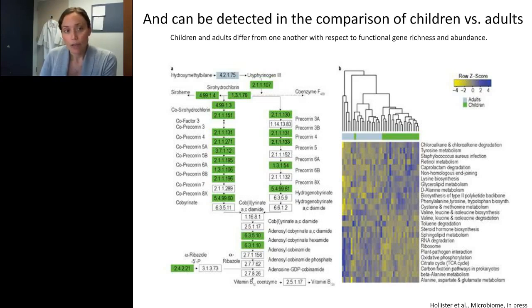Very interestingly, what they reported was that adults tended to have a greater capacity for B12 metabolism than did infants, whereas what we find is that children actually exceed the functional potential for B12 metabolism, or have a greater potential for B12 metabolism than adults, and adults sit in the middle of this spectrum relative to infants.